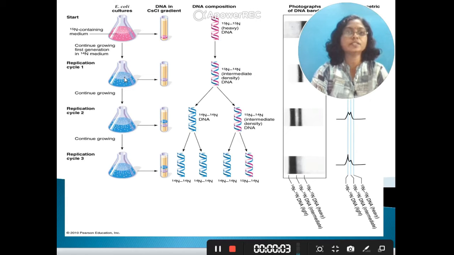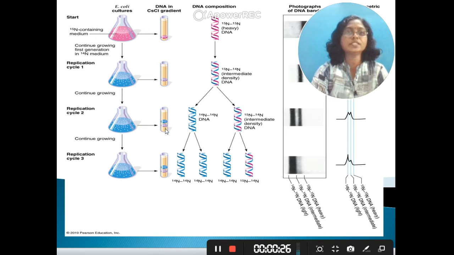When a few bacterial cells from replication cycle 1 were continued to grow in an Erlenmeyer flask containing N14 medium, and after incubation were subjected to cesium chloride density gradient centrifugation, it showed the formation of two bands.